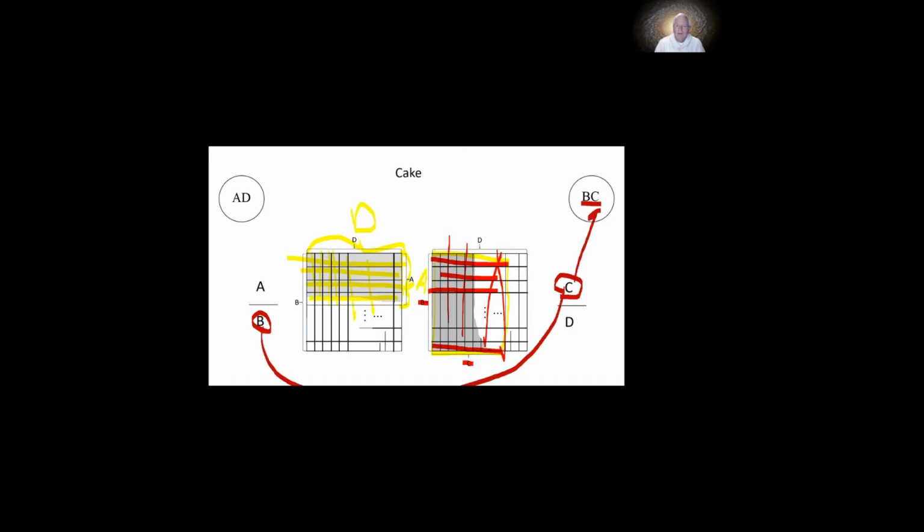So there's our rectangle. When we compare that with our rectangle on the other side, we say, well, how big is it? Well, remember, it was A in one direction by D in the other direction. Well, there's where I'm finding my D. There's where I'm finding my A. And that's my product.